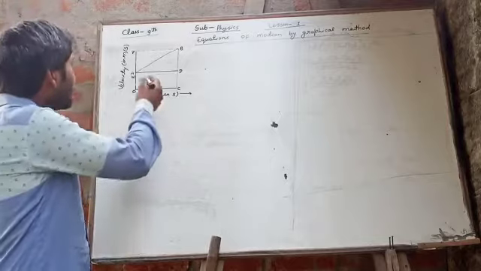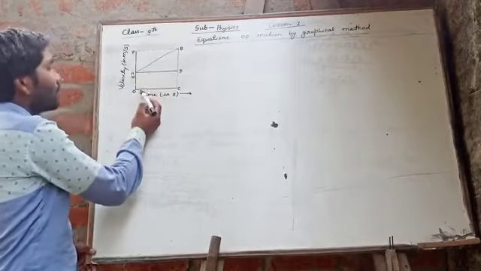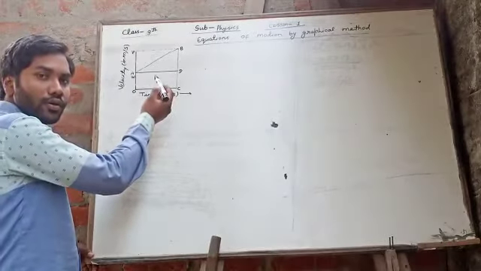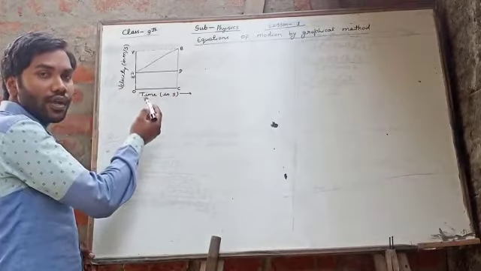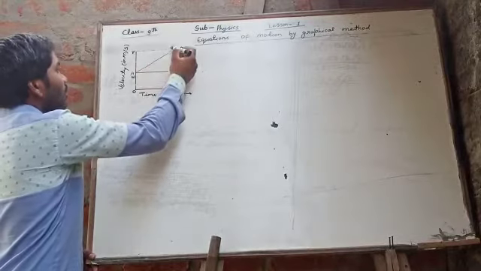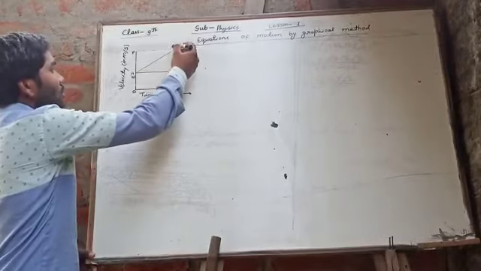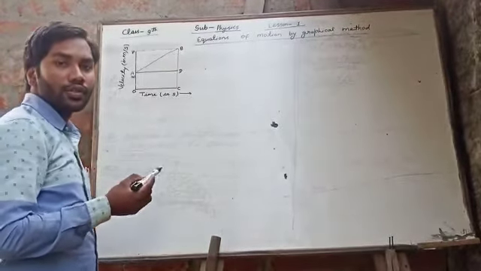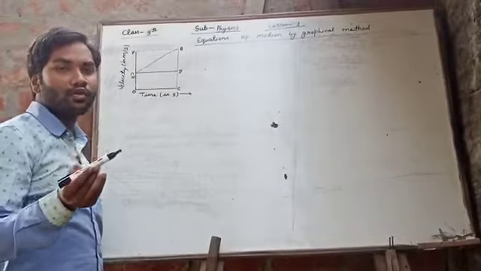So you can see here a velocity-time graph is given, which has already been discussed in the offline class. Here acceleration is uniform, you can see; the slope is a straight line, so acceleration is uniform.